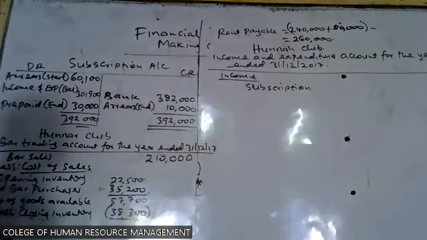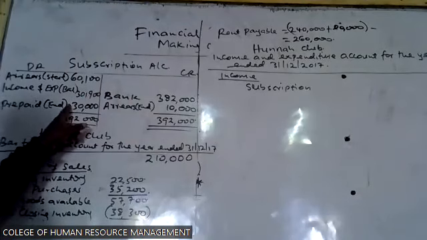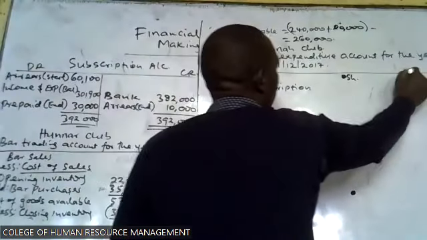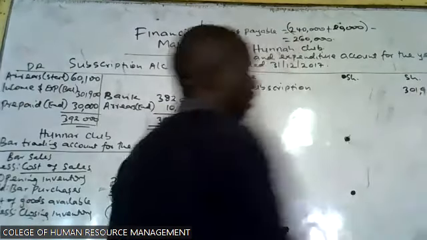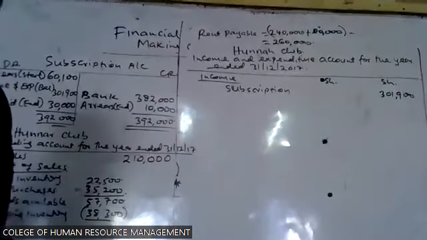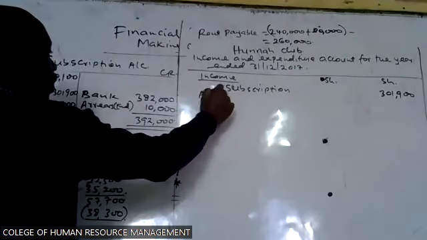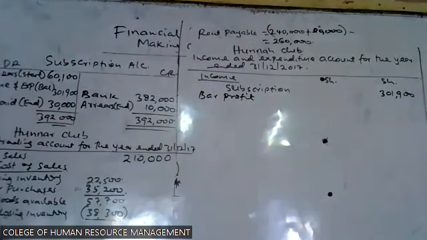The member subscription. Take this figure, the balancing figure here, 301,900. We also have the bar profit. We got it here, 190,600.